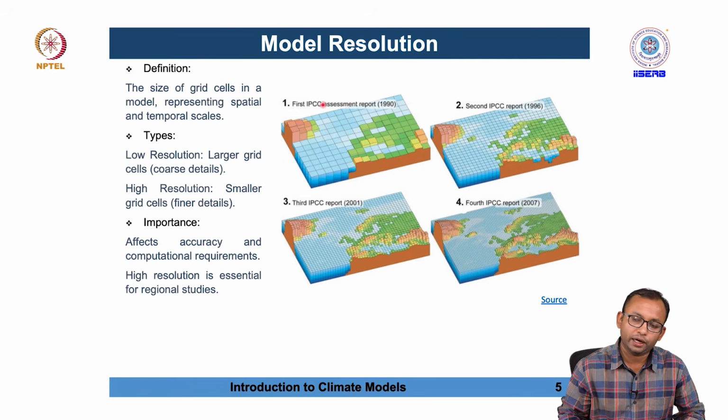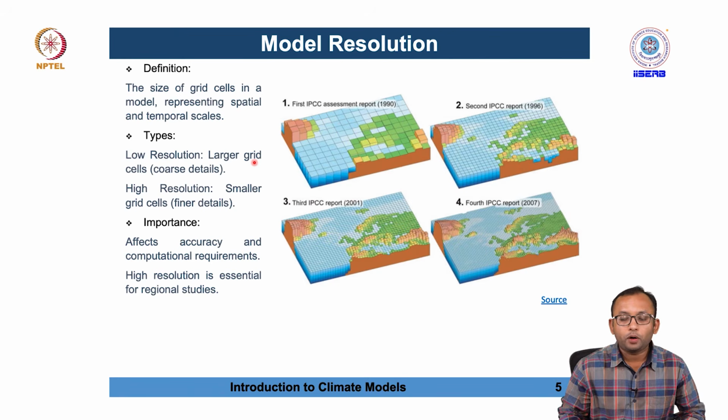For example, if you look here, in 1990 we have very coarse resolution climate models, but in 1996 the model has been improved further, and the resolution has been significantly reduced and made finer. Then in 2001 it is even finer, and 2007 is much finer compared to 1990, and the latest IPCC report uses a more finer resolution data set covering the whole globe.